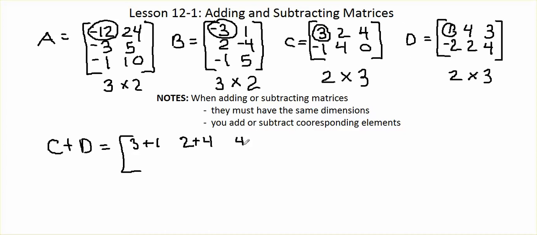You can see how these elements are corresponding elements. They're in the same location. The next one is going to be -1 and -2. The next one is going to be 4 and 2. And the last one, 0 and 4.